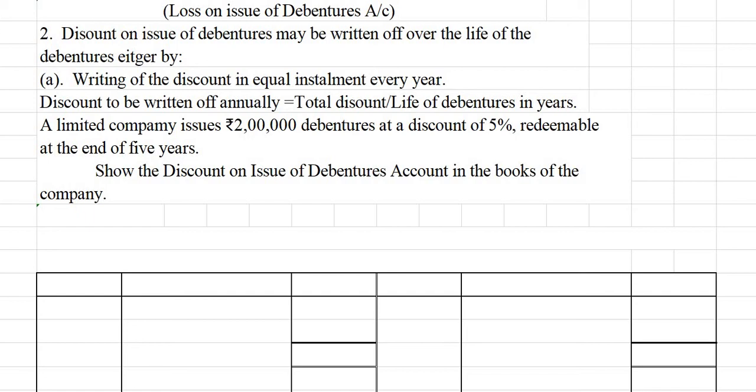That means 10,000 into 1 by 5, which is 2,000, every year. Let us see the solution for that.